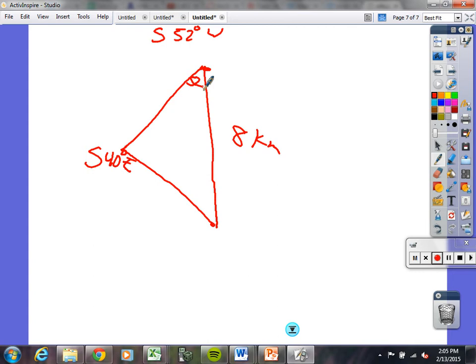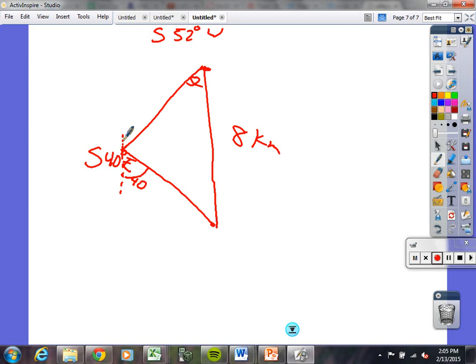So now we're going to do this one. We haven't done him yet. Okay? So this is south 40 degrees east. Are you okay with me now? So now at this point he's going south, cutting back 40 degrees east. So this angle right here is 40. Is everybody good there? And guess what, guys?